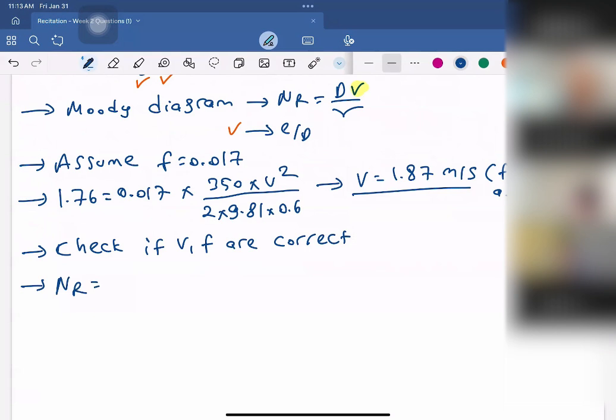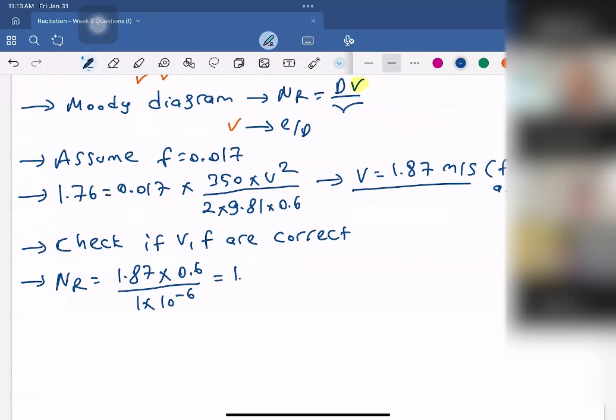Reynolds number will be 1.87 times diameter. And again, we have kinematic viscosity, which you can find from tables. And here we have this amount of Reynolds number.